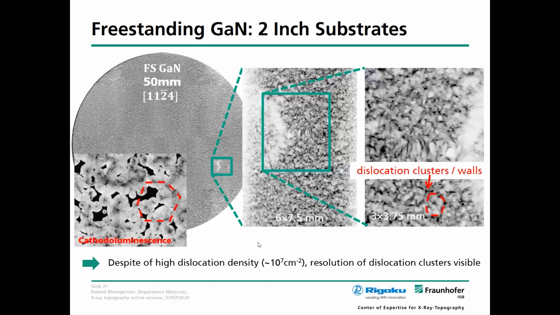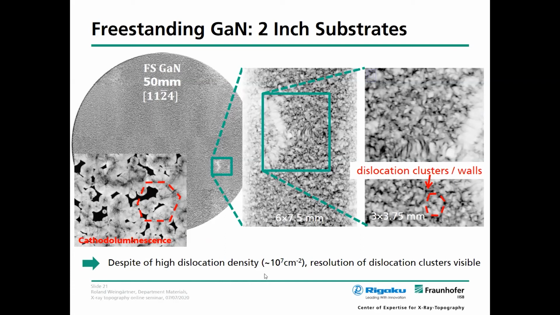First, gallium nitride. What you see here is a freestanding gallium nitride wafer, 2-inch substrate, measured with an asymmetric reflex 1,1 minus 2,4. You see this somewhat noisy image at first sight, but you can zoom in, and you see also kind of clusters. This is somewhat surprising because the dislocation density in gallium nitride is very well known to be very high, 10 to the 7.